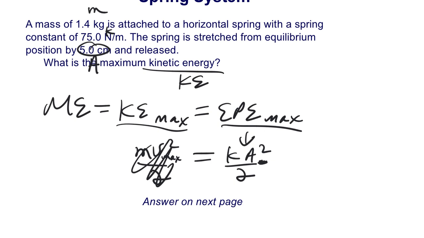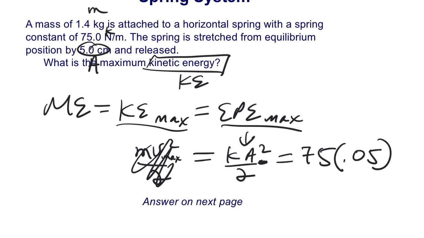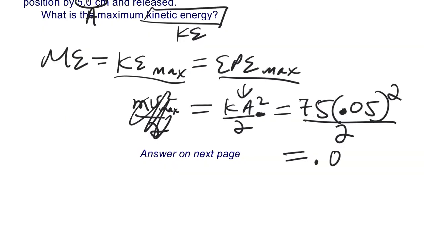I'm just solving for the kinetic energy max, so it equals EPE max. So that'd be 75 times A, which is 0.05, because you've got to change distances to meters, squared. So you get 0.094 joules.